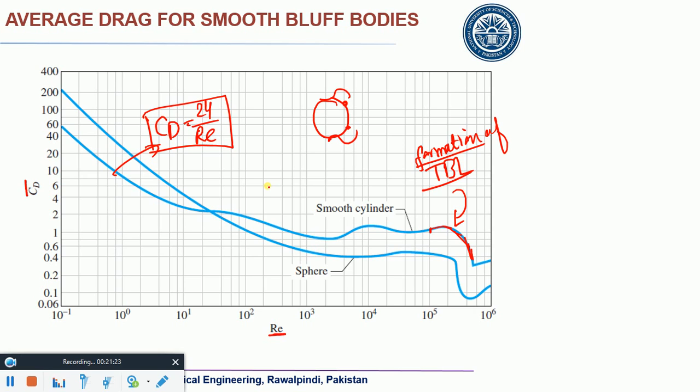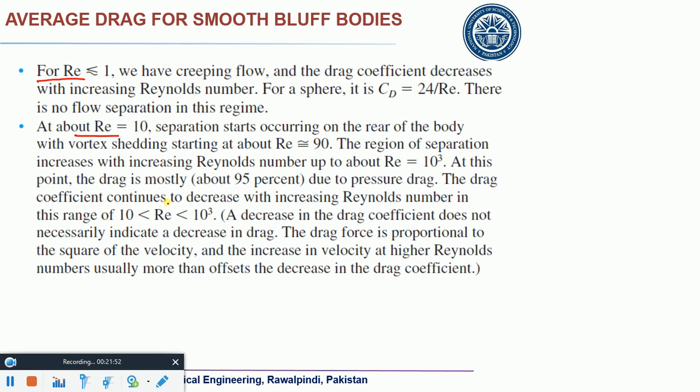Okay. You are talking about these two plots? Yes, this is for the smooth cylinder. This 24 by RE, you can see that there is a small sag in that curve, but you can consider it as if it is behaving linearly. So these are the points which gave you the same information.